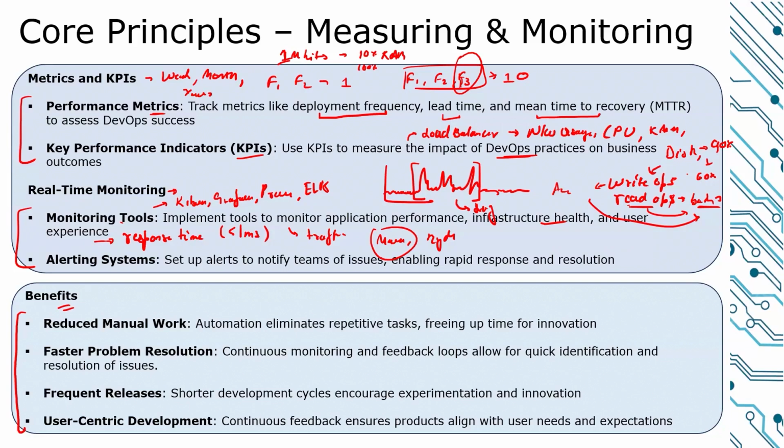So they will see the historical logs or the historical metrics that have been collected, and the dashboards. Whatever details they see, for example CPU usage, RAM usage, the load balancer network usage, or the disk operations, write operations, read operations. These things are known as KPIs.